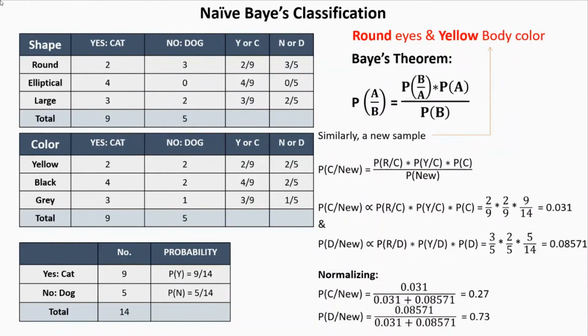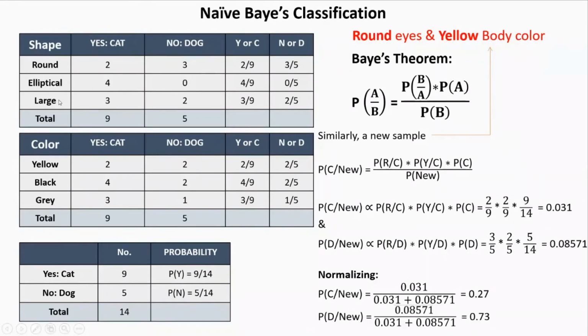So for instance, if the eye shape is round, then twice you got cats and thrice you got dogs. Similarly, if the eye shape was elliptical, then 4 times you counted cats and 0 times you counted dogs.